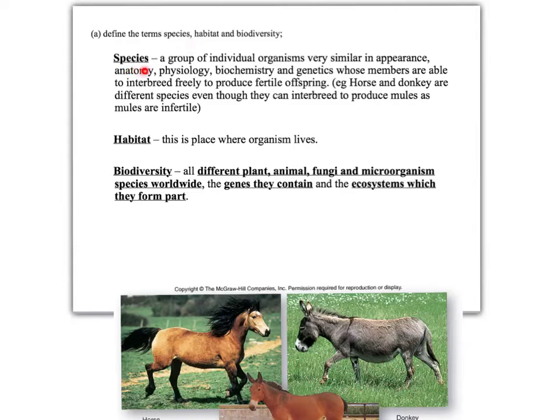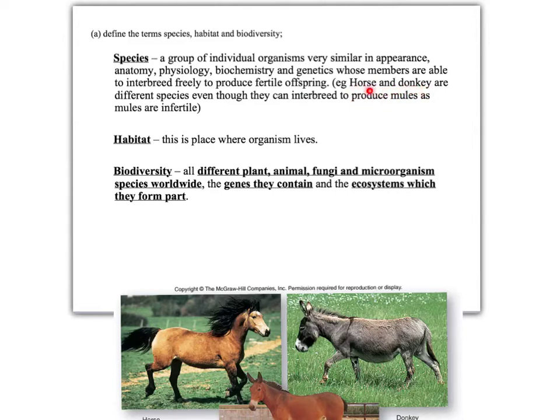species. Okay, and I think we've defined this before. It's a group of individual organisms, very similar in appearance, anatomy, physiology, biochemistry and genetics, whose members are able to interbreed freely to produce fertile offspring. Okay, the obvious example of this is the horse and the donkey.